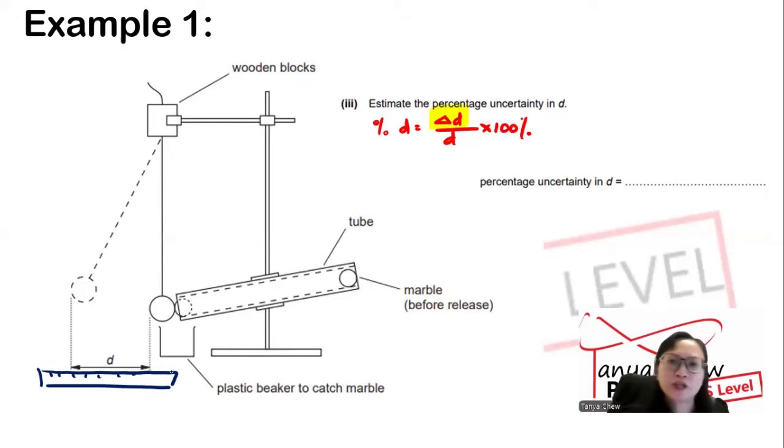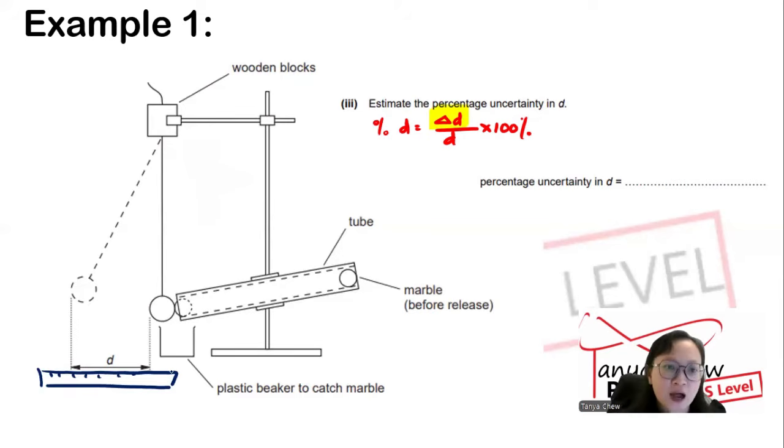It actually depends on your logic, because there is no certain answer of how large the percentage uncertainty of D must be. If you think that the error of the measurement is quite large, you could increase to a larger value for the absolute uncertainty of D. But if you think the error is not too large, then you could increase just a little bit.